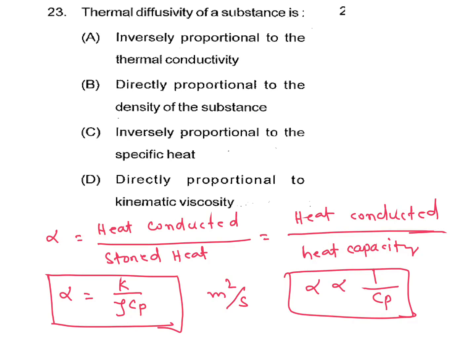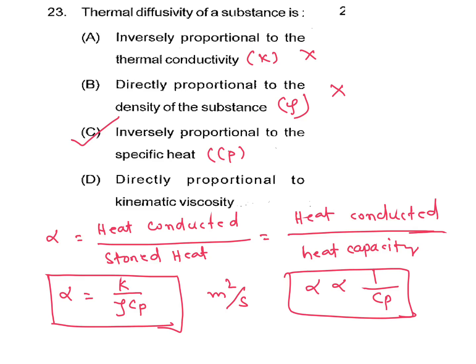In this question: thermal diffusivity of a substance is inversely proportional to the thermal conductivity? This is K, so alpha is directly proportional; this is not possible. Directly proportional to the density of the substance rho? Density is inversely proportional, so this is also not possible. Inversely proportional to the specific heat? This is Cp. This is correct.